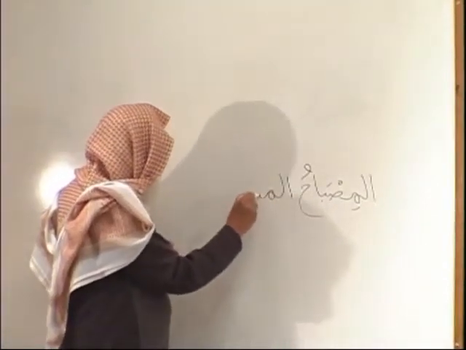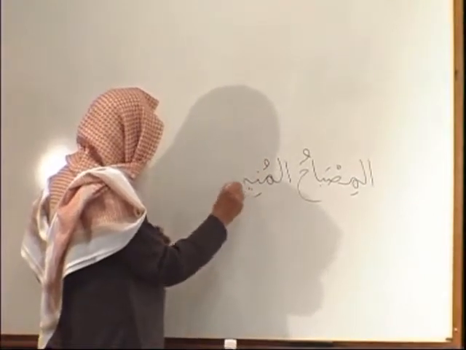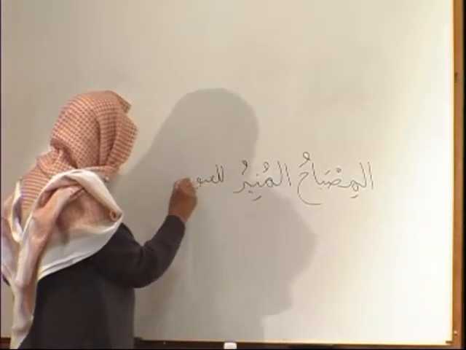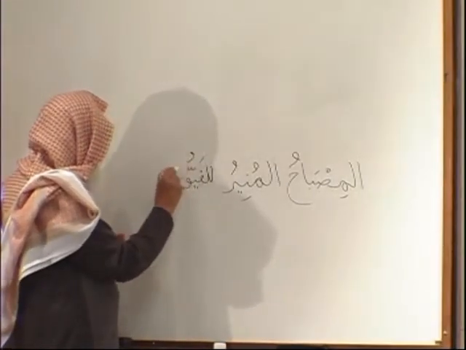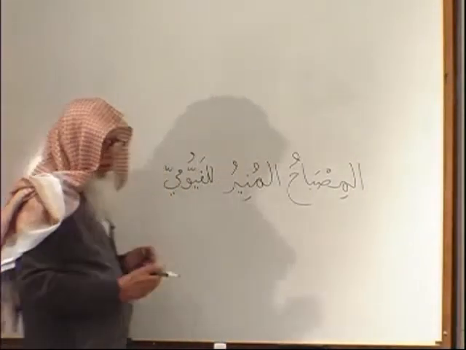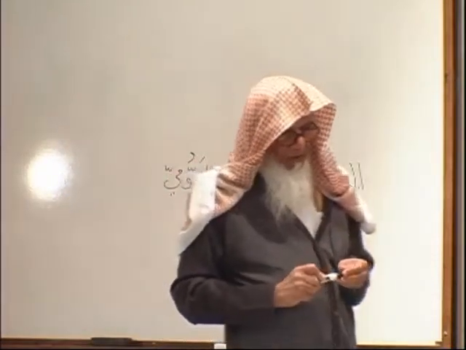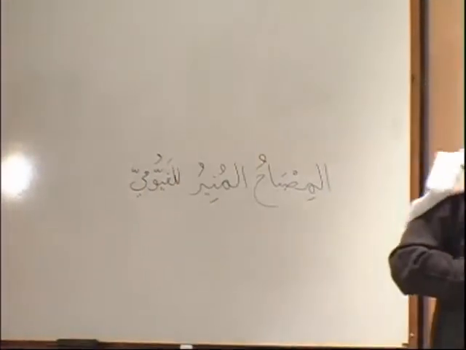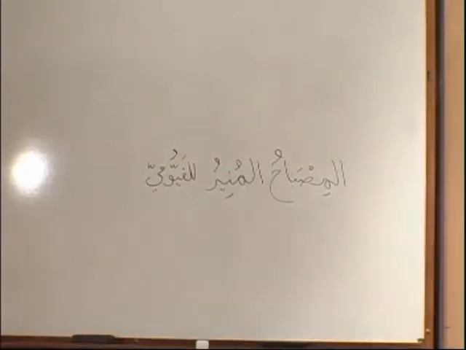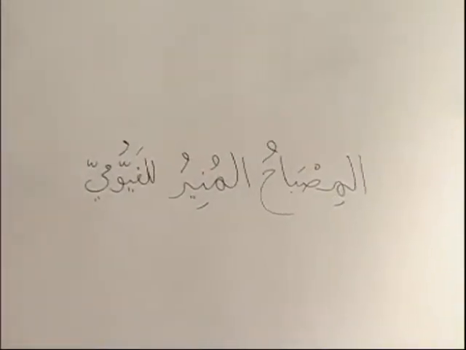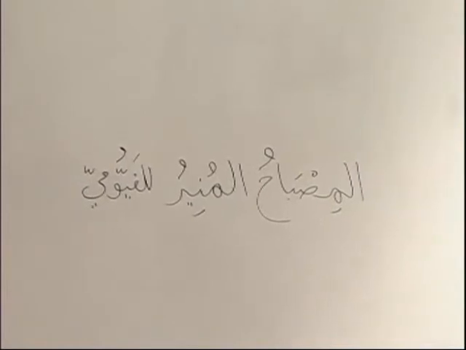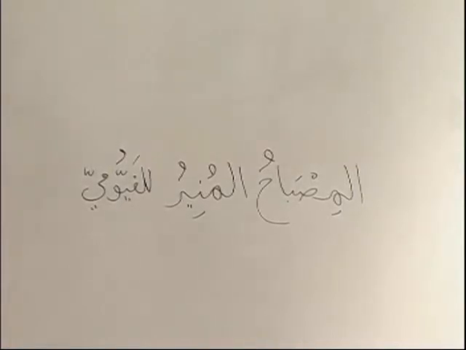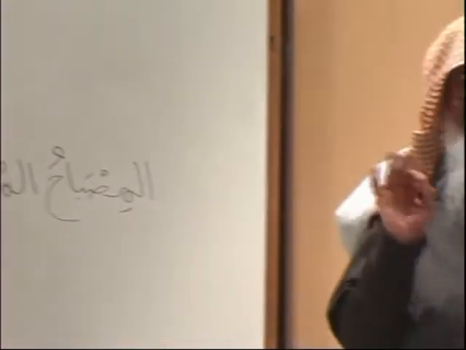Al-Misbah al-Munir lil-Fayyumi. You know the lam. Lam is used for the author. You say Al-Misbah al-Munir lil-Fayyumi. The speciality of this dictionary is that it mentions the bab.